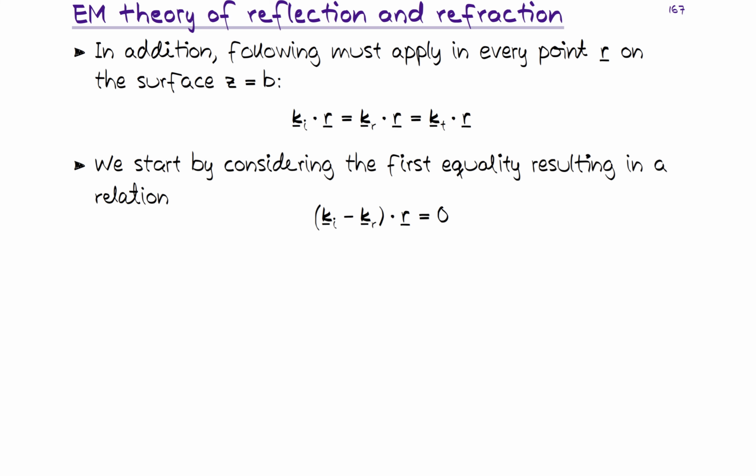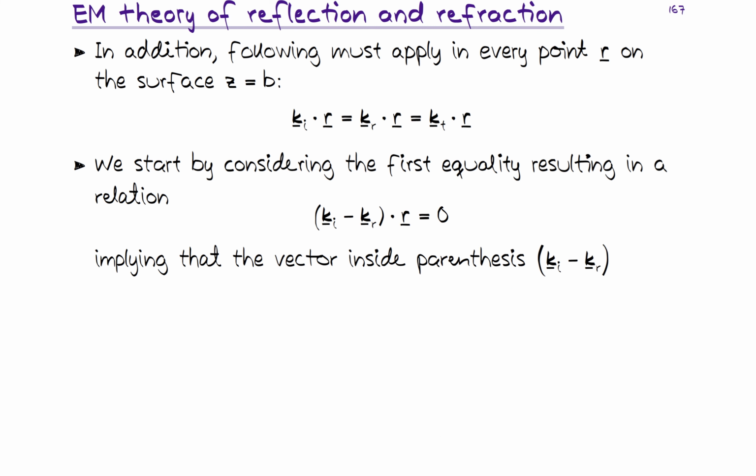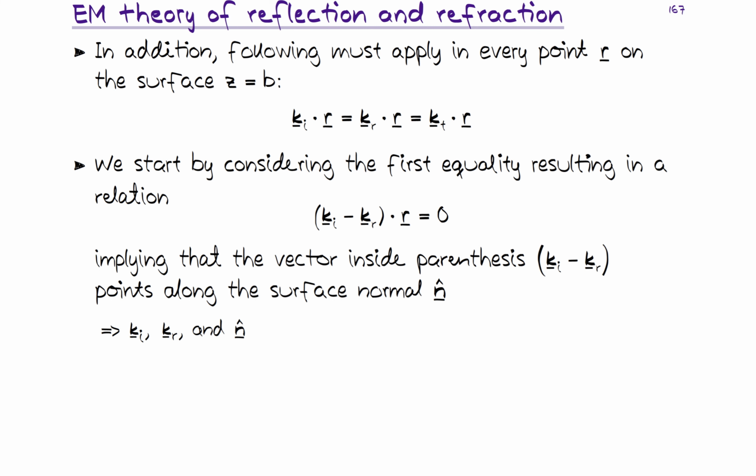This implies that the vector inside the parenthesis, k_i minus k_r, points along the surface normal n, because otherwise the dot product with r, which points along the interface, would not be 0. So k_i, k_r and n, the surface normal, are essentially in the same plane, and this is how we define the plane of incidence, by the way.